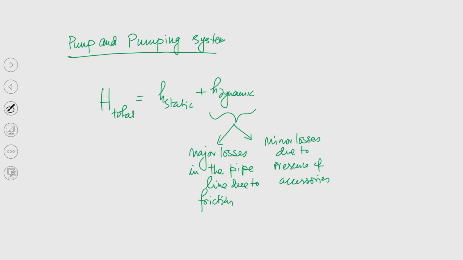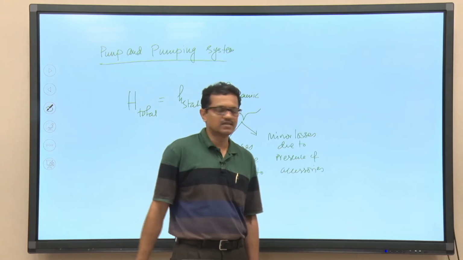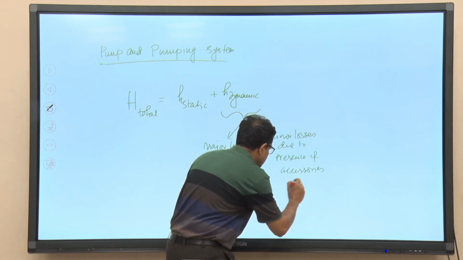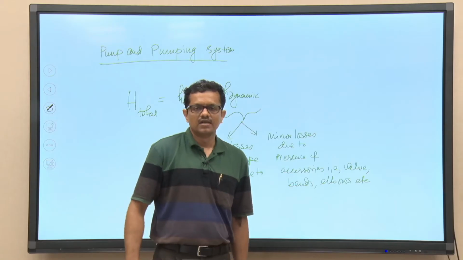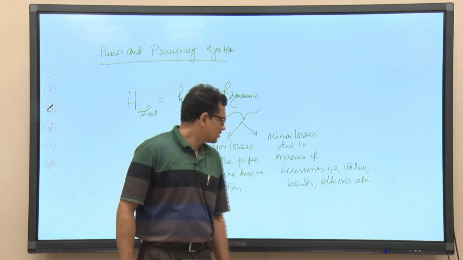What are those accessories? As I said just now, whenever we are trying to install a pump, we need to have a flow path, we need to go for designing the piping system, and we also require valves, different types of fittings, etc. So, minor losses are due to the presence of accessories, that is valves, bends, elbows, etc. All these terms you have studied in the fluid mechanics course, so I am not going to discuss them.